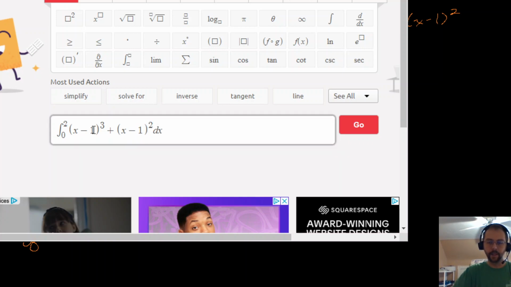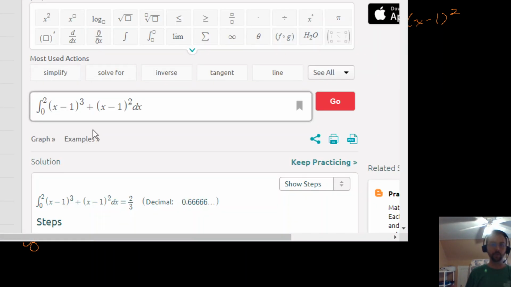The reason that I like Symbolab, and the reason that Wolfram Alpha might be better for this, is that if you want to check out their website, it should come up pretty easily when you type in integral calculator. I really like theirs for learning purposes because it breaks it down into steps, and they're more or less the steps that you would be learning in class. So you can use it as a training tool.